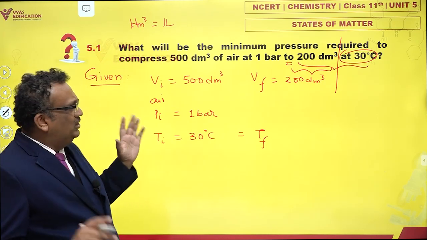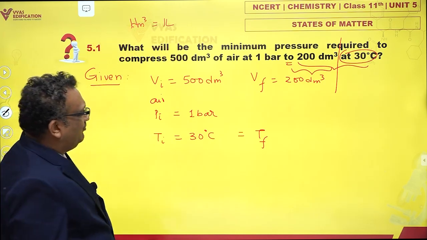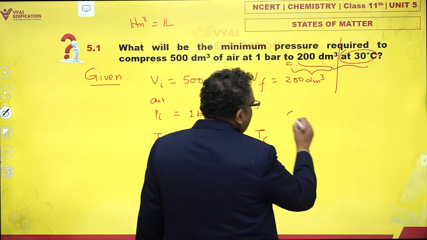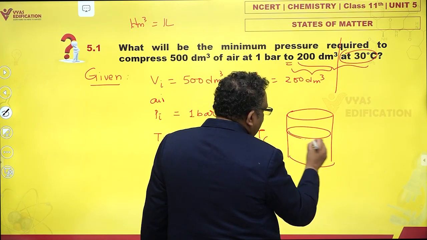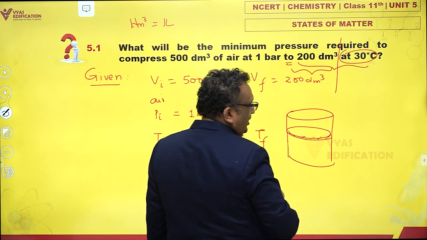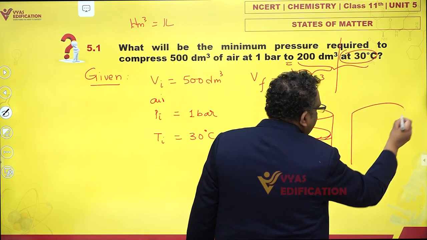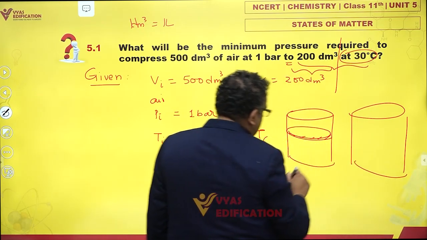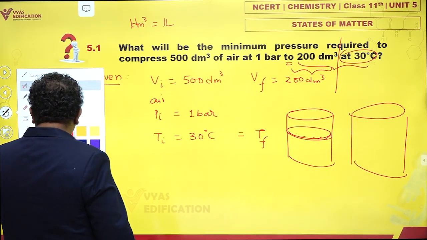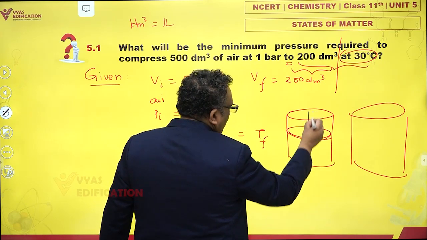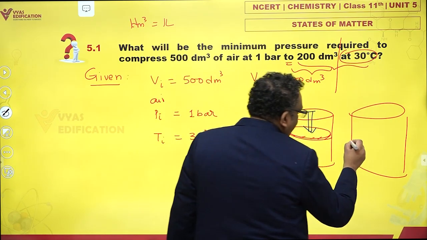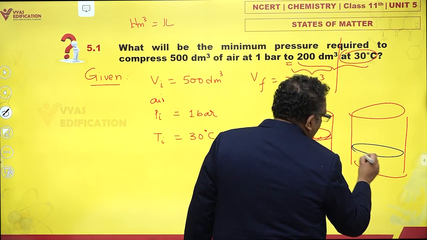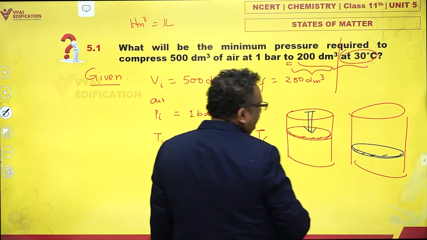So whenever you note this data, now you have to imagine a few things. Just imagine that initially the gas is enclosed in a cylinder, right? And then you try to compress this gas. Now, when you compress this gas, when you apply pressure, the piston is pushed down. And say now the piston moves down to this location.